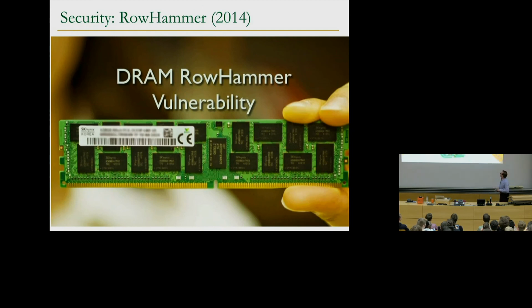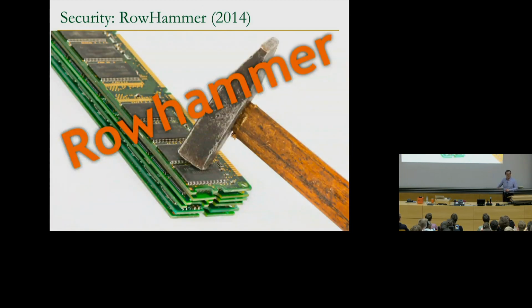So basically, it's this. You have a hammer and you hammer memory and your memory goes bad. This is a good analogy, actually. I'll give you the idea. Basically, the idea is if you keep accessing memory, just reading it, sometimes you're able to flip bits, meaning a bit that used to be 1 becomes 0, because you're able to access memory fast enough.